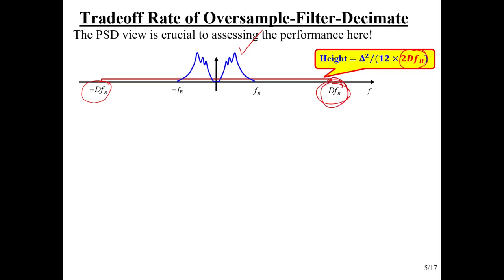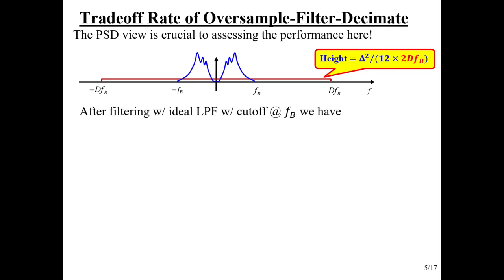That's half that, so that's my FS over 2. So now we know that the whole area of that has to be delta squared over 12. This width is 2DFB, so I can put that in there and find what the height of that thing is.